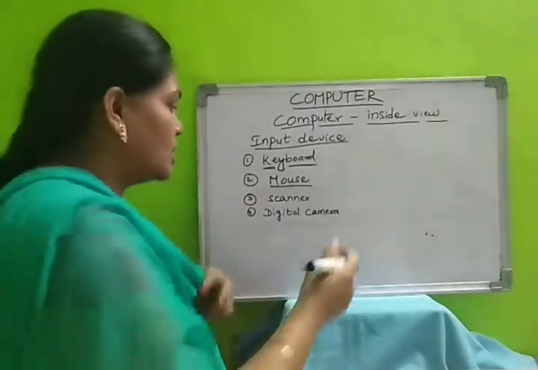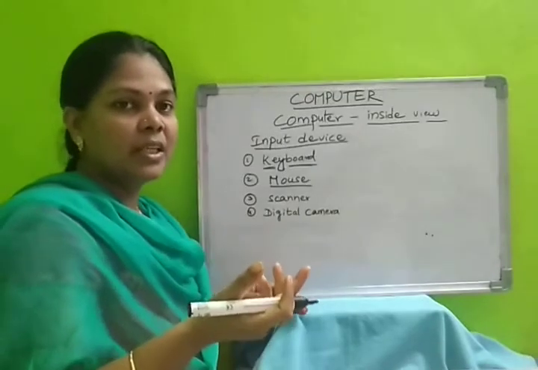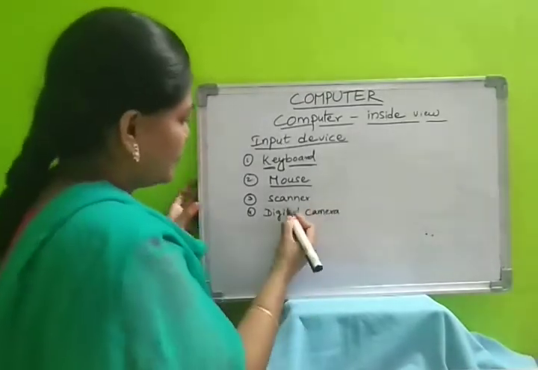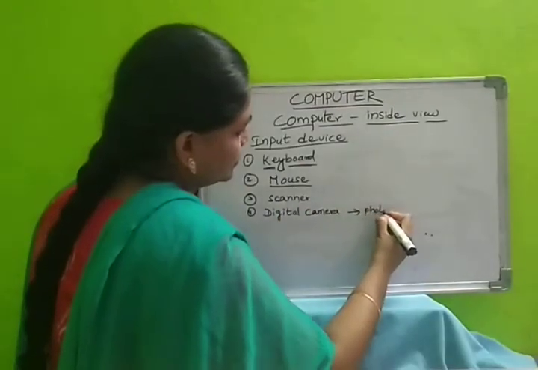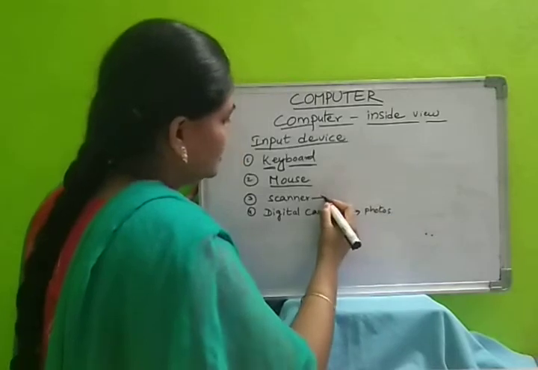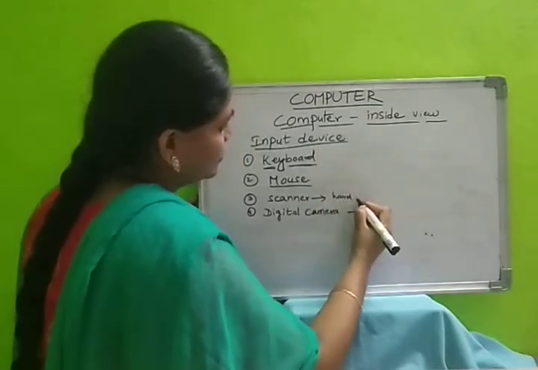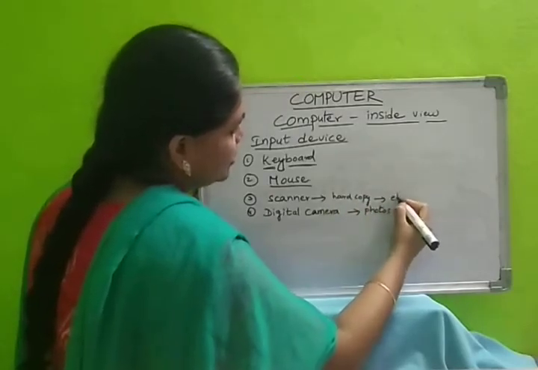Okay. So digital camera. Here the input is photographs. What we are giving? Photographs. We are giving photographs to the computer. For the scanner, what we are giving? Hard copy to electronic image.